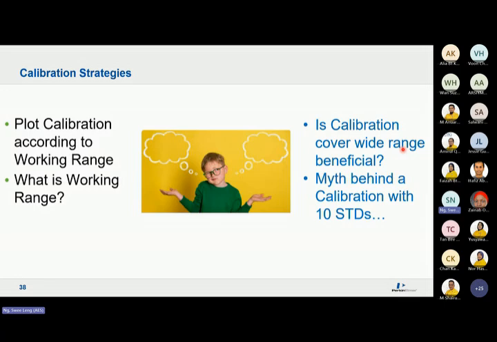Because sometimes customers say, oh, I have a calibration curve with 10 calibration points, this calibration curve covers all. So which one is actually much better quality? Plot the calibration curve according to the working range, according to the nature of the majority. Let's say I have effluent water. Effluent water is always low.